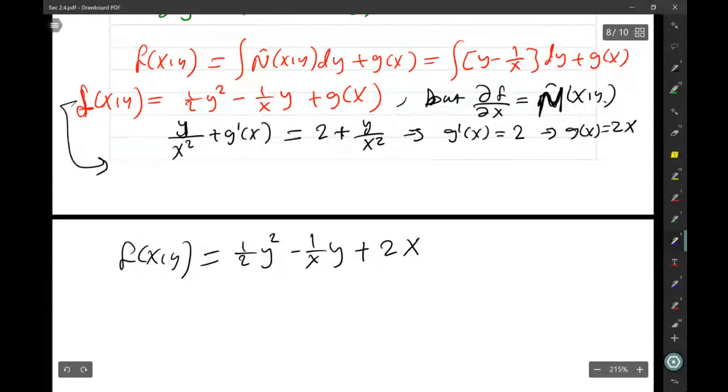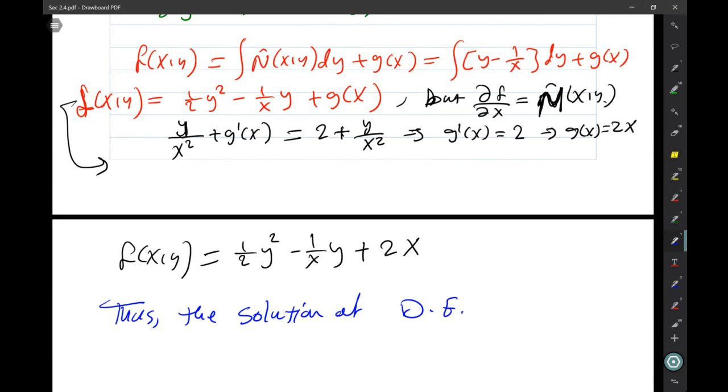Now the solution of the differential equation.